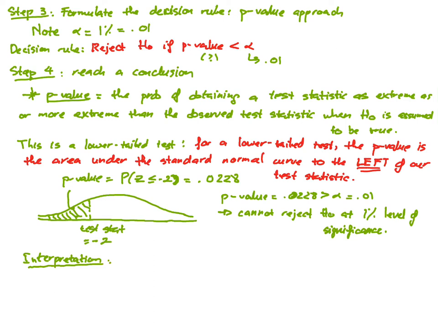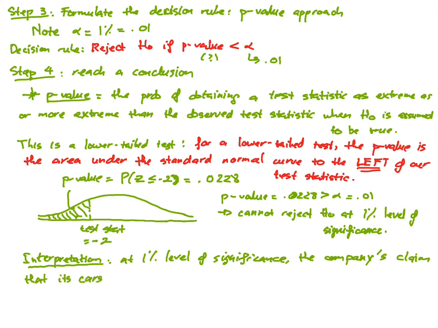The interpretation here is that at 1% level of significance, the company's claim that its cars achieve at least 40 miles per gallon on average cannot be rejected.